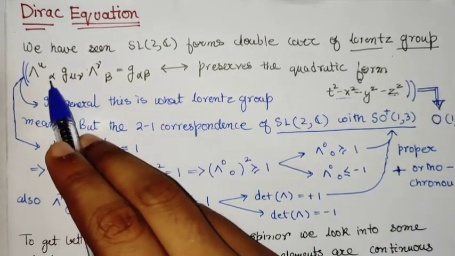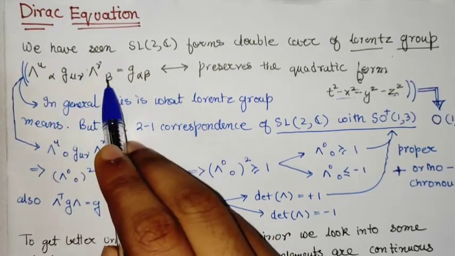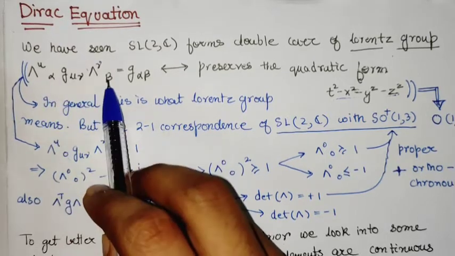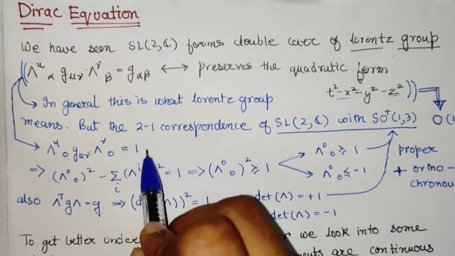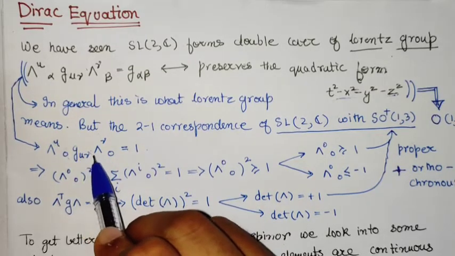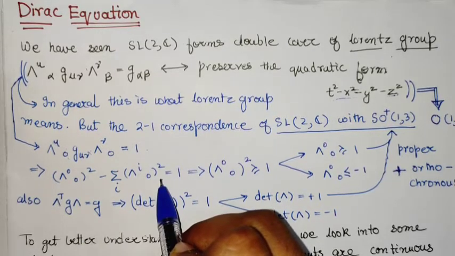To get this point, we see that if this is satisfied by every group element, then we can put alpha and beta equal to 0 and get this relation, and then we can explicitly write out these summations, which gives us this second line.